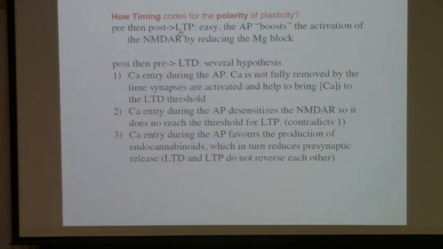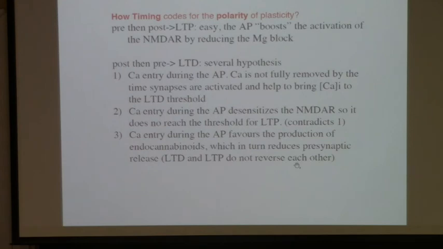Now, how does it work? I told you that for pre then post, it's easy because this is an NMDA receptor. For post then pre, the LTD part, there are several hypotheses. I just put them in here. You can read them, but basically there are alternative ideas and nobody has the last word on this.